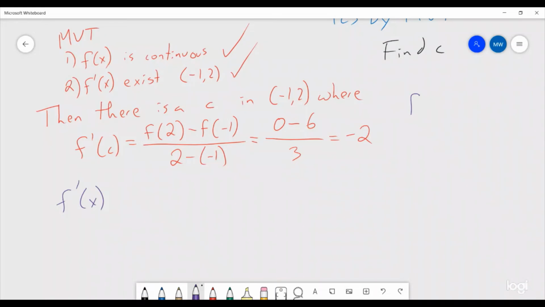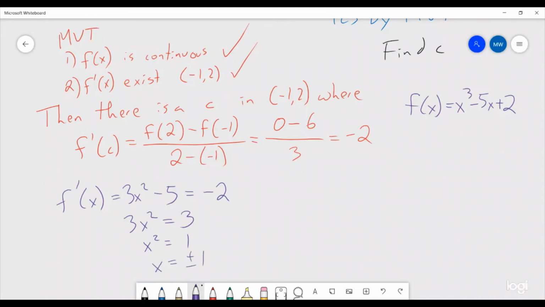Well, remember, f of x was x cubed minus 5x plus 2. So f prime of x is going to be 3x squared minus 5, and we want this to be equal to negative 2. So that means that 3x squared equals, add 5 to both sides, equals 3, x squared equals 1, x equals plus or minus 1.